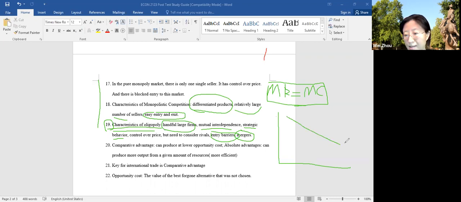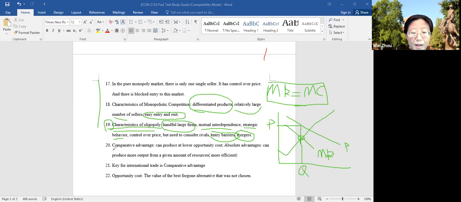We have price, and then the marginal revenue located below the price, and then you use marginal revenue equal to marginal cost. You will find where you want to produce, and then on the top there, you will find the price. When you decide the price and the quantity, you basically already find the best combination to maximize your profit.